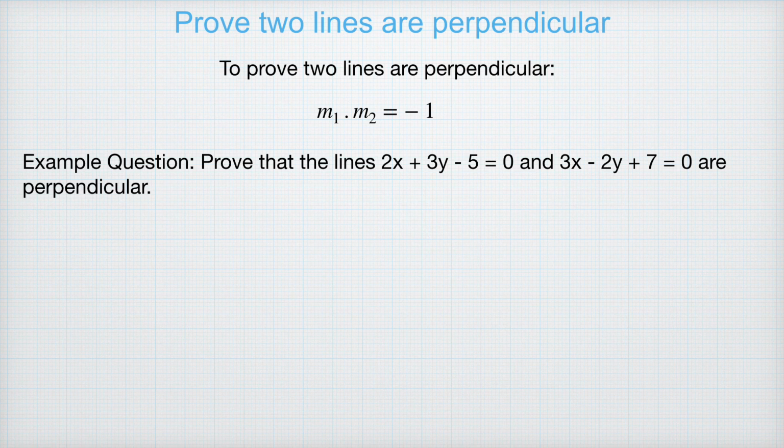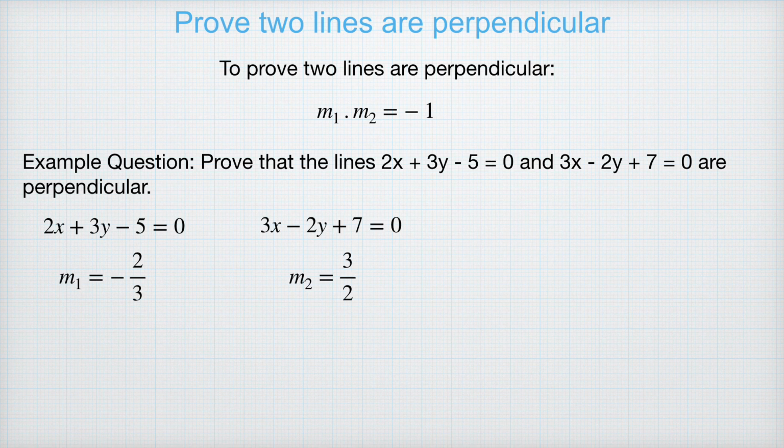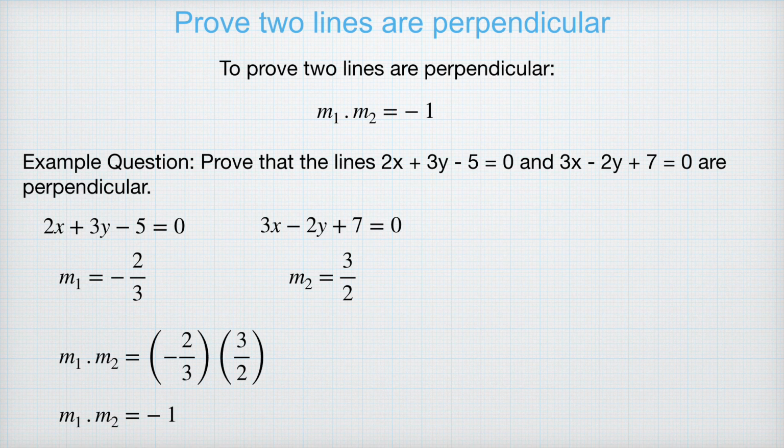We must first find the slope of each line. So m1 is equal to minus 2 over 3 and m2 is equal to 3 over 2. Multiplying these slopes gives a value of minus 1. From this statement, we have shown that the two lines are perpendicular.